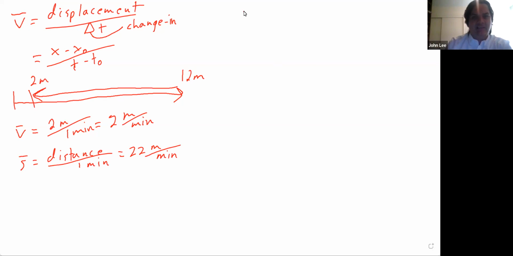we define instantaneous velocity. So v instantaneous is still a vector, but it's defined as the displacement of t plus delta t minus the displacement of t over delta t.